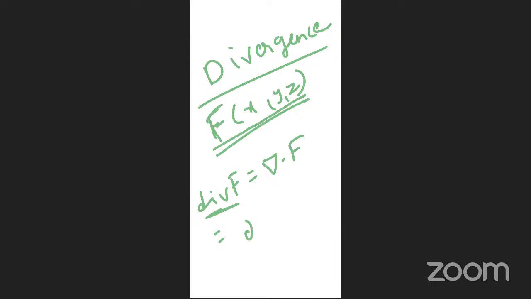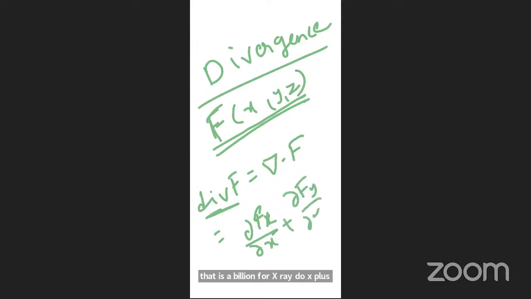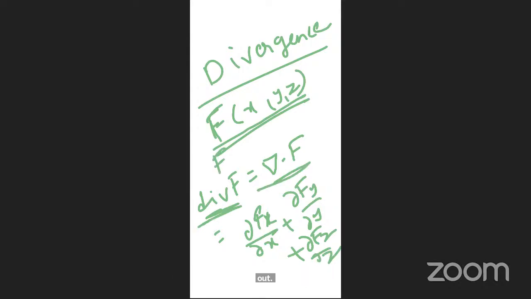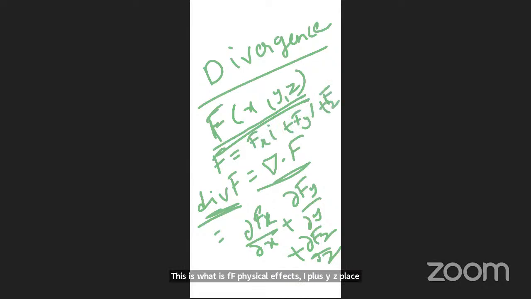Del dot f means dou fx by dou x plus dou fy by dou y plus dou fz by dou z. This is the divergence of f, or del dot f. What is f? f is equal to fx i plus fy j plus fz k.